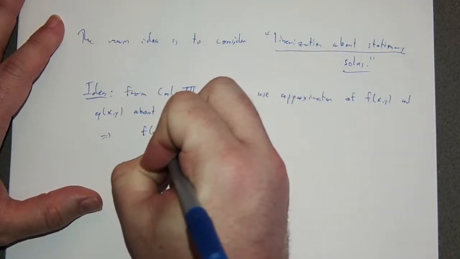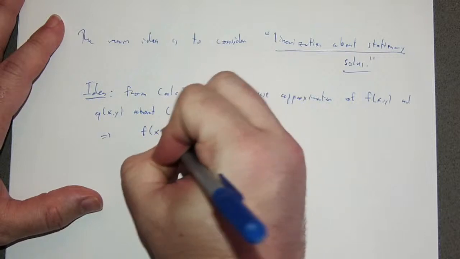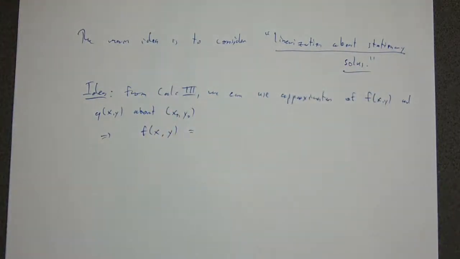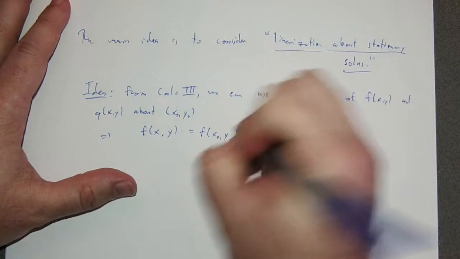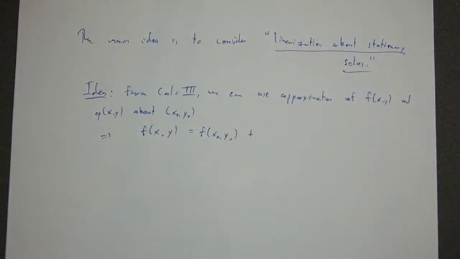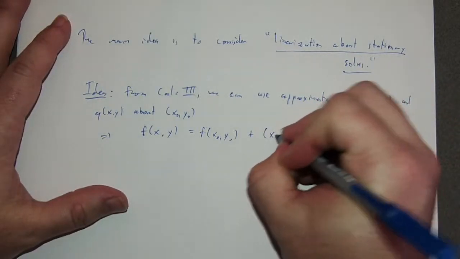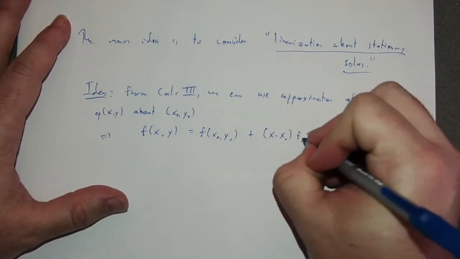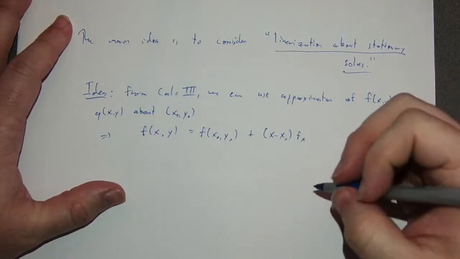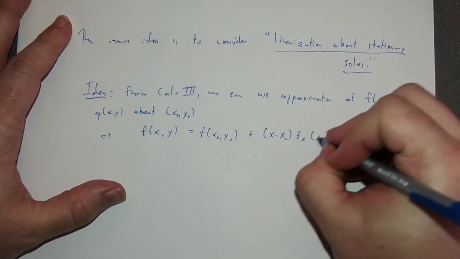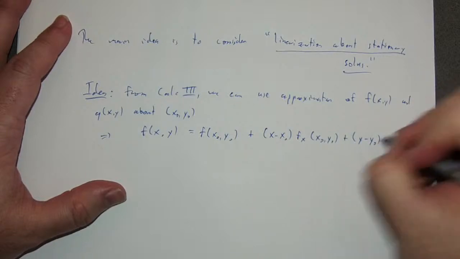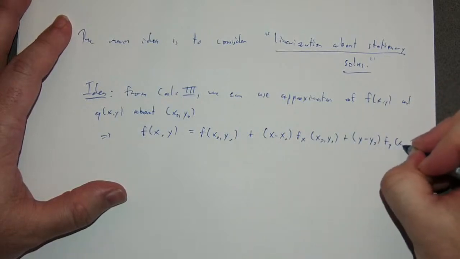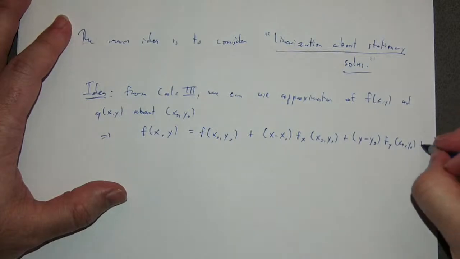If we do this, this leads to f(x,y) being f(x naught, y naught) plus first order terms in the derivative. So this would be x minus x naught times the x partial of f evaluated at x naught, y naught, plus y minus y naught times the y partial of f evaluated at x naught, y naught, plus higher order terms.